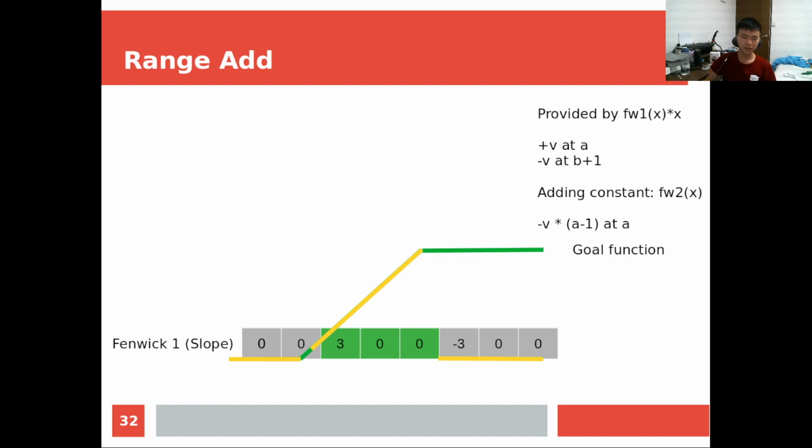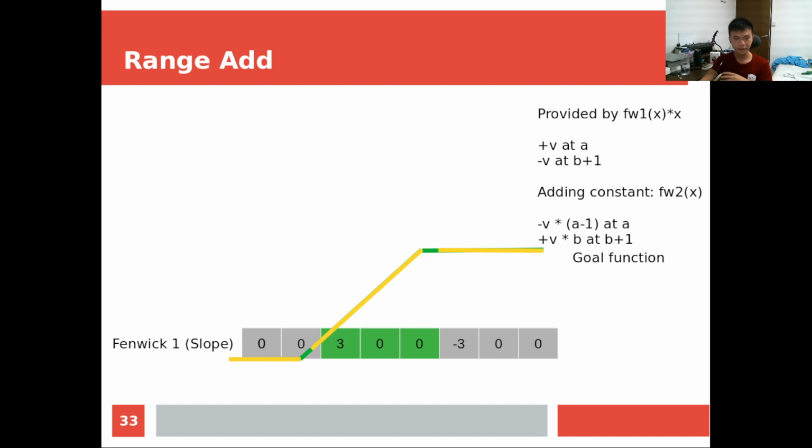And we only do so at index a because we do not want to affect the values before a. And then we can add v times b at index b plus 1 to push up the third segment to meet the goal function.